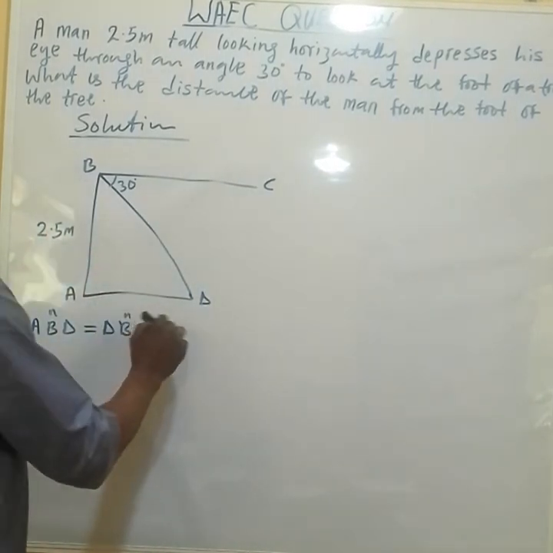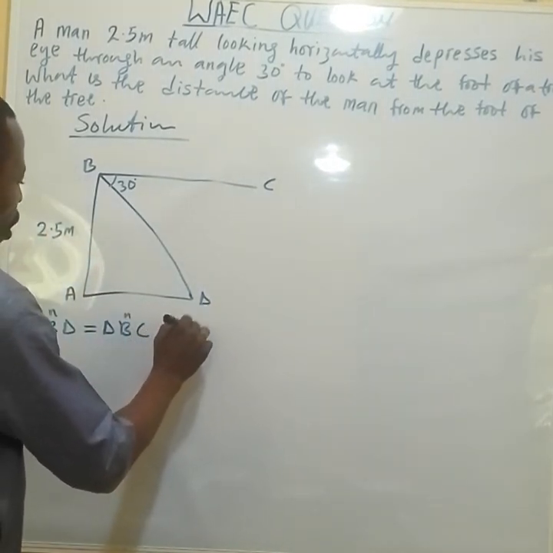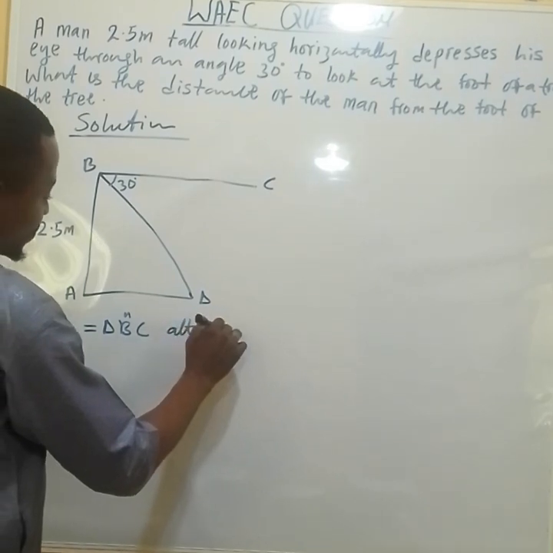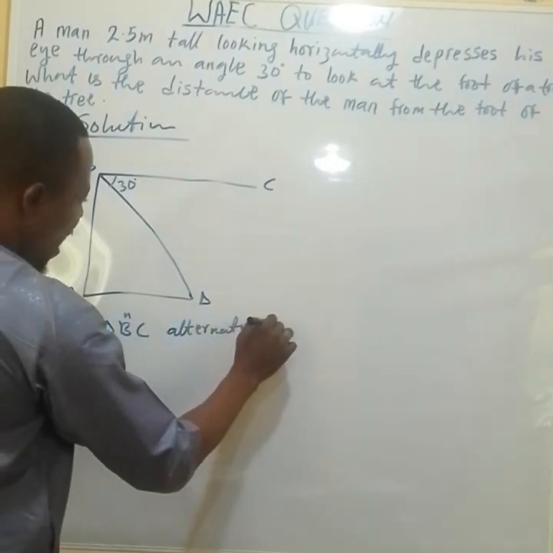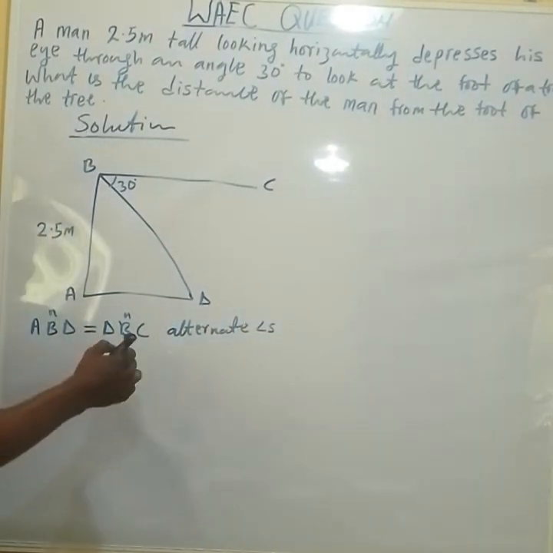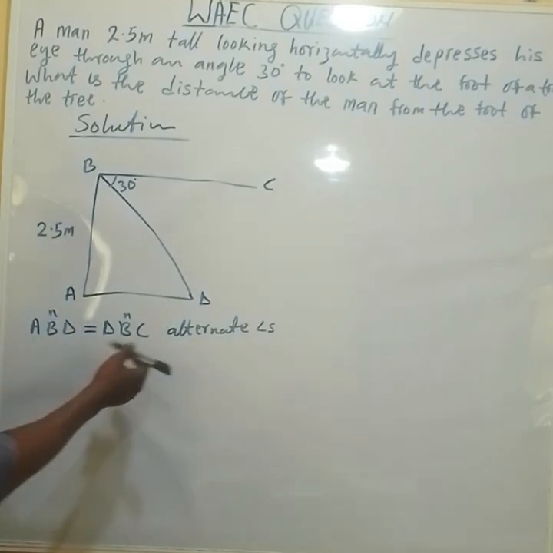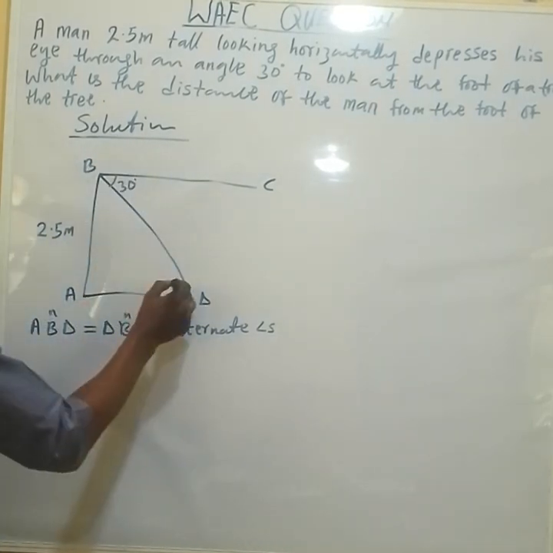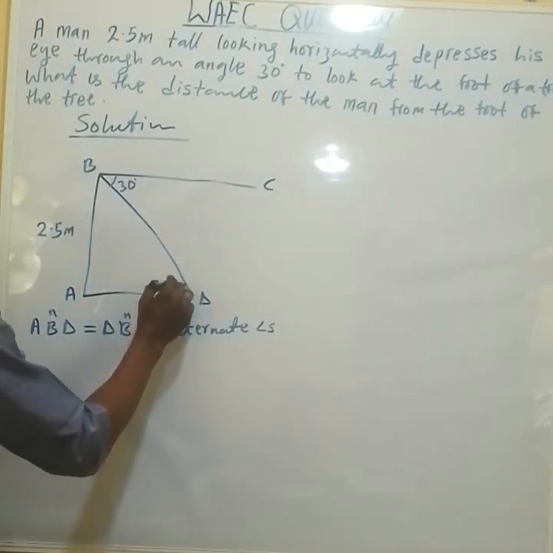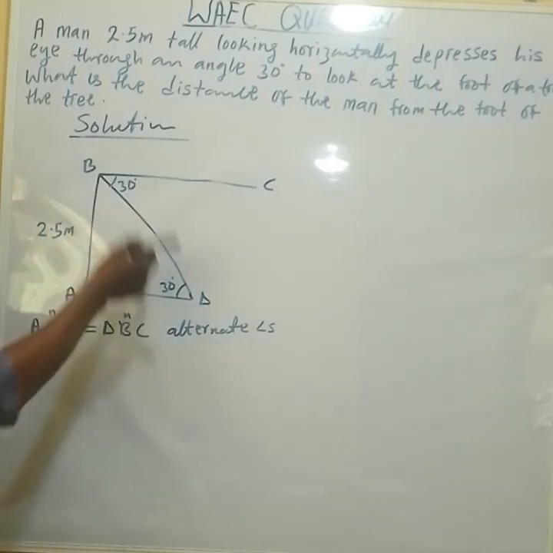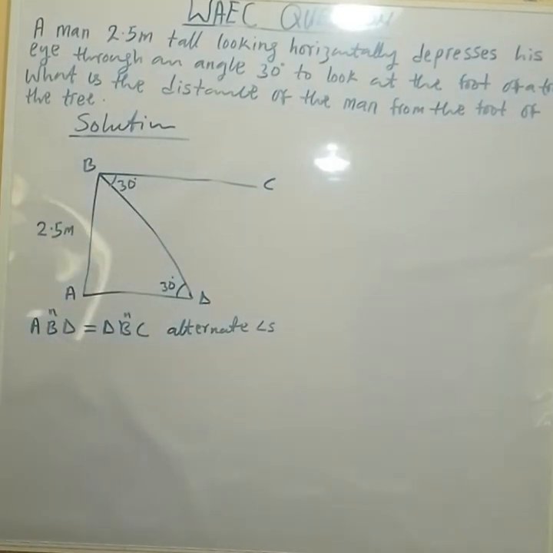So that angle is what we call alternate angles. Once we prove that they are equal, then this 30 degrees is alternate to this side too. So 30 degrees here equals 30 degrees here.